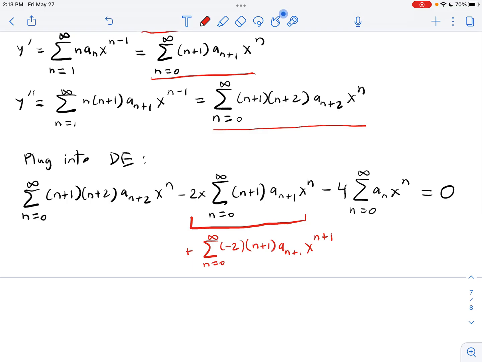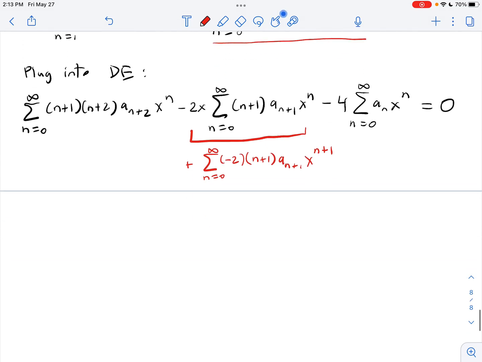So how am I going to do this? Well, I want that to become an x to the n. So if I want to make that smaller, then I have to make the index bigger. So this is going to become 1 to infinity.